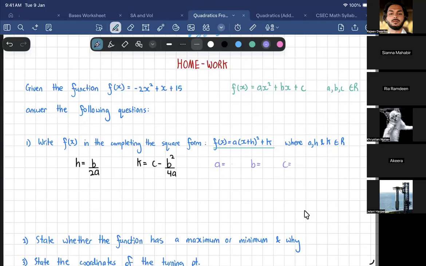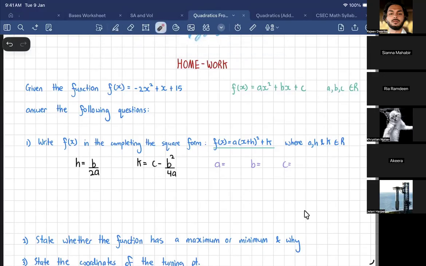a is 2x squared. No, a is the coefficient of x squared. a is the number that's in front of x squared. So compare this to this.